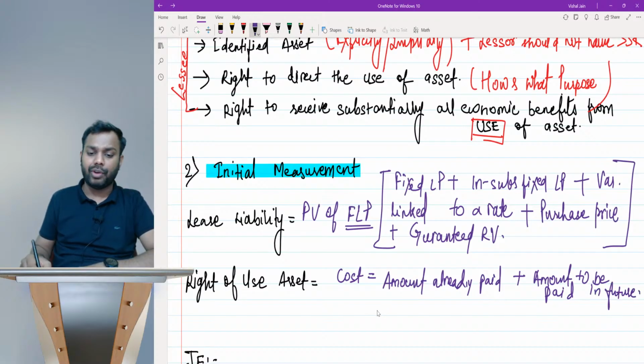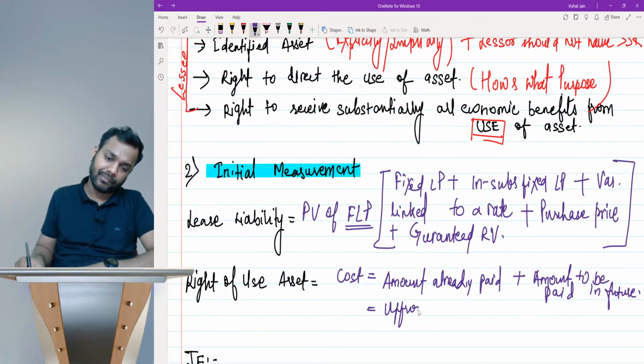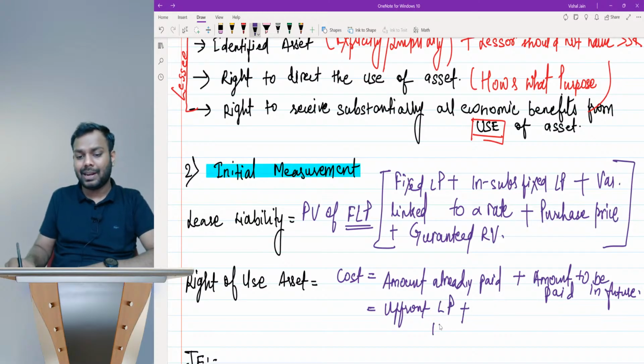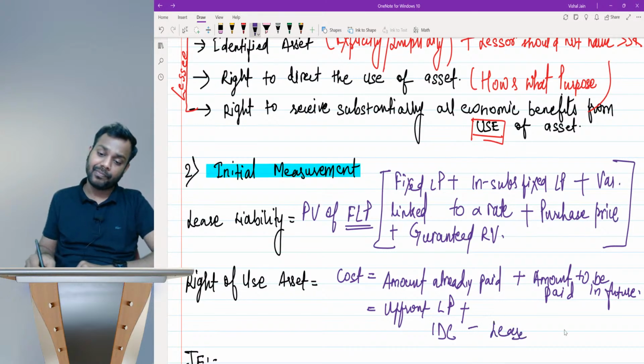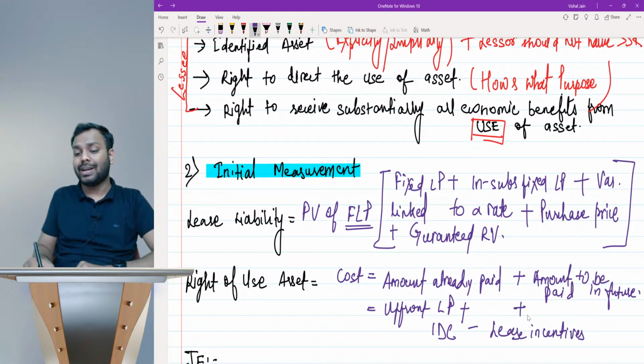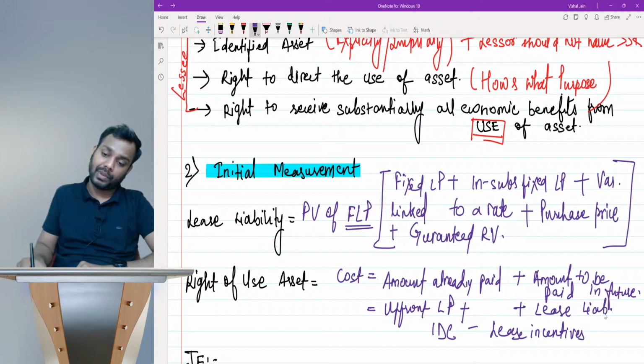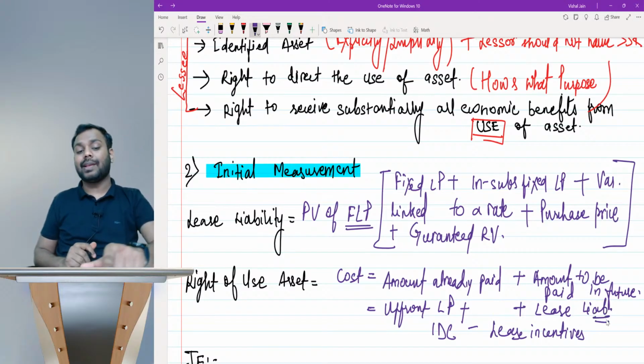Amount already paid might be upfront lease payments, it might be initial direct costs like brokerage, it might be lease incentives, plus the amount to be paid in the future is called lease liability. So that's how a right of use asset is recognized initially.